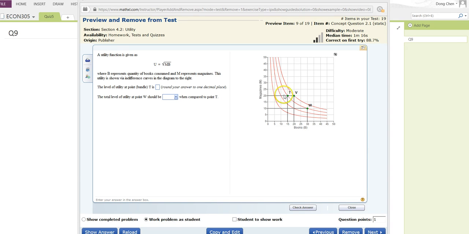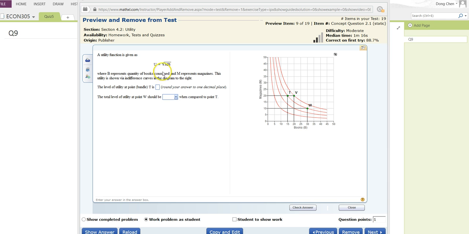So looking at point T, we notice that at point T, the quantity of books is 15 and the quantity of magazines is 20. So that means B equals 15 and M equals 20.